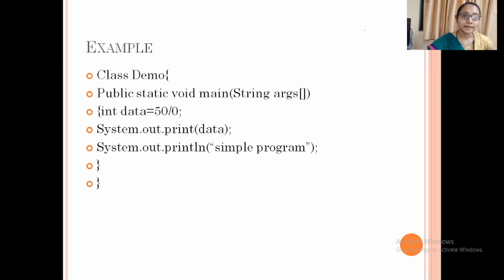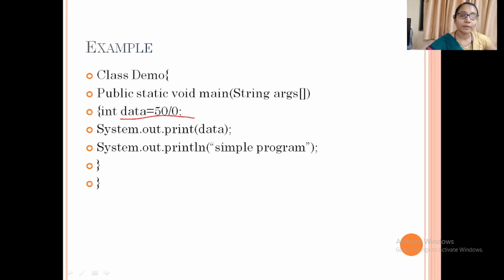Next, let's see this example. In this example, we are trying to divide an integer number by 0. Here, we are trying to divide 50 by 0. Now, in mathematics, we cannot divide any number by 0, so when I try to run this program, I will get an error.